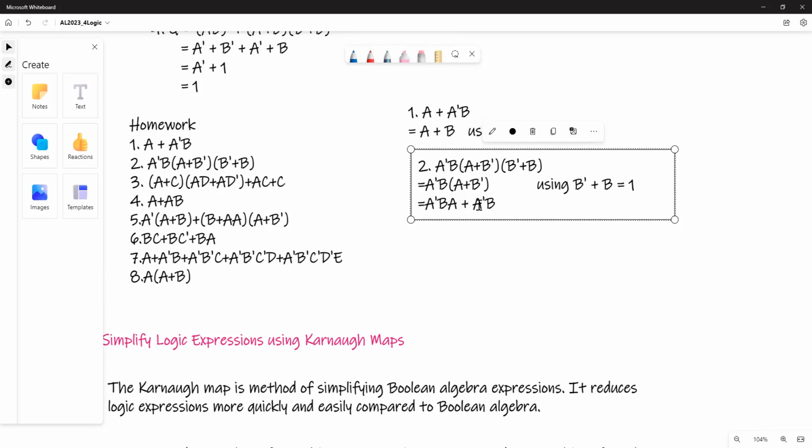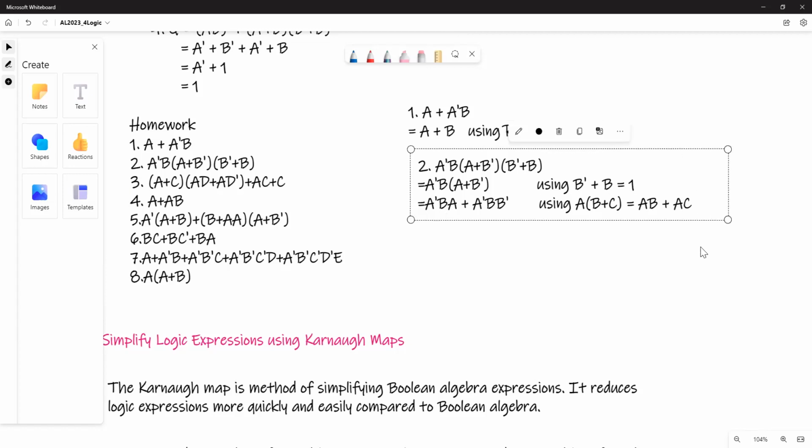For example, A into B plus C is the same as AB plus AC.